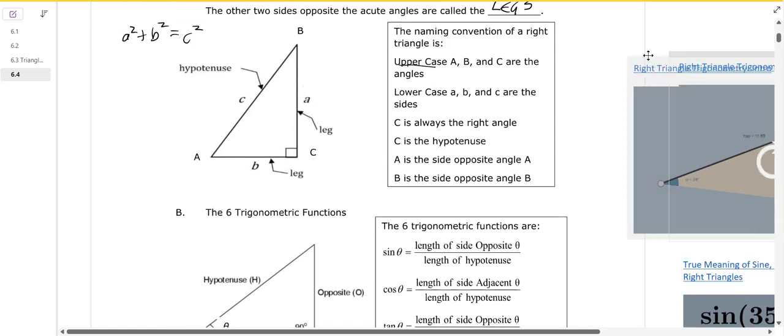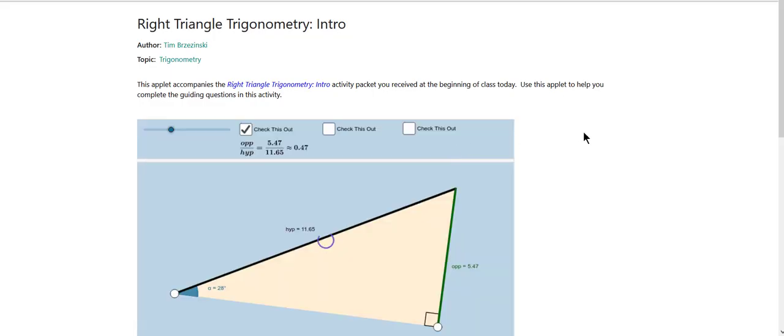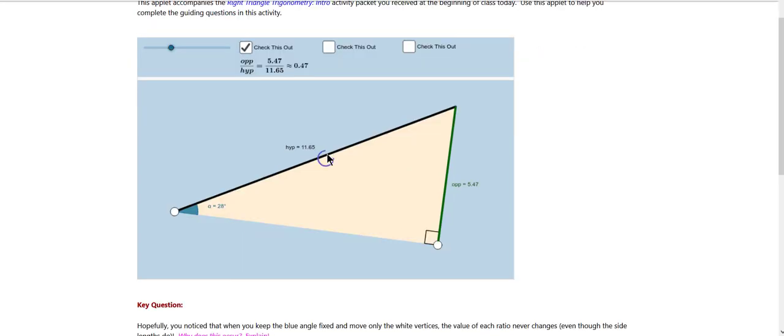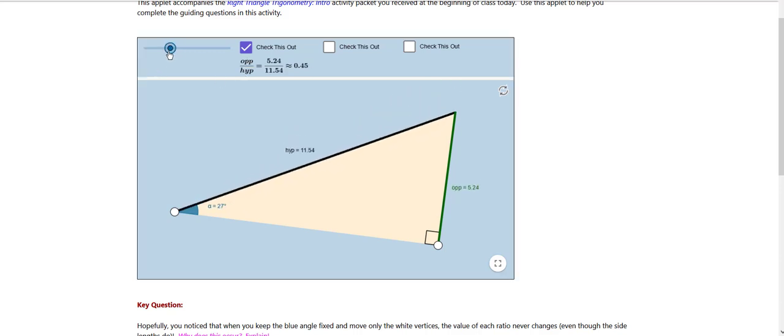Okay, so I want to go to a couple of applets here and show you a couple of things that are worth showing. This one is showing the sine. The sine is defined to be the opposite over the hypotenuse. As the angle changes, the ratio of the opposite and hypotenuse is changing.